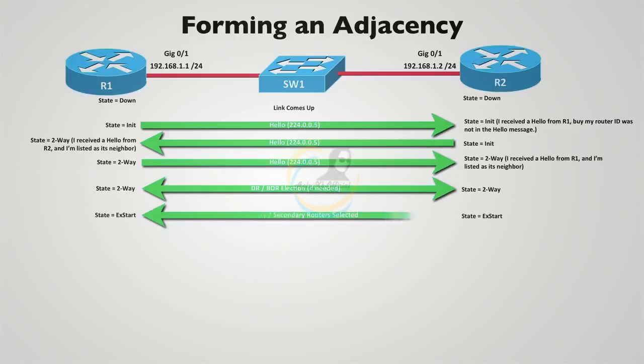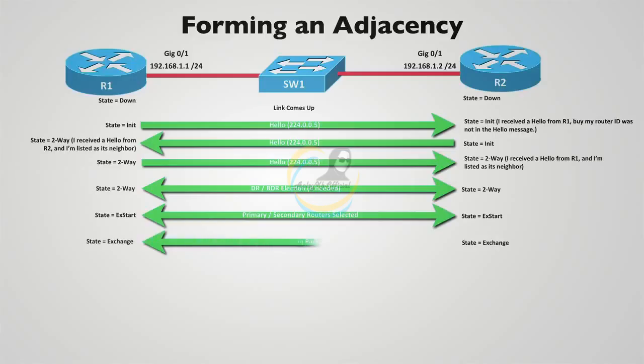And for this database information exchange to take place, we need to decide which one of these routers is going to be the primary router and which one's going to be the secondary. This election, different than the DR-BDR election, takes place in the ExStart state, and it's the router with the highest router ID that becomes the primary, and it starts this database exchange of information.